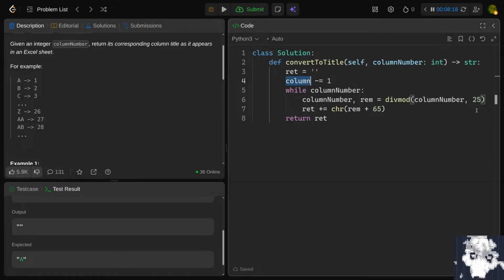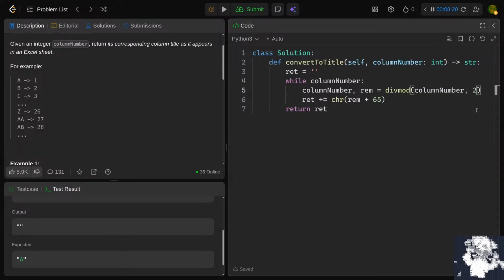No, you can't take mod 25. You have to take mod 26. There's 26 letters in the alphabet. No matter how you start counting, there is 26. Why is this so hard for me to wrap my head around?